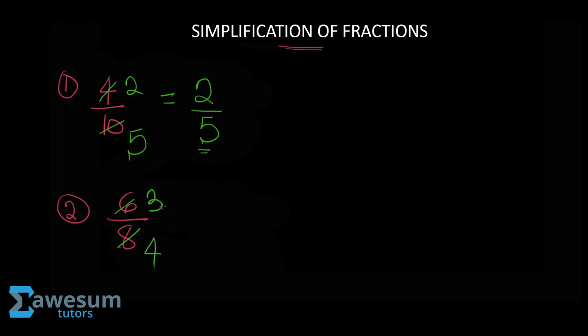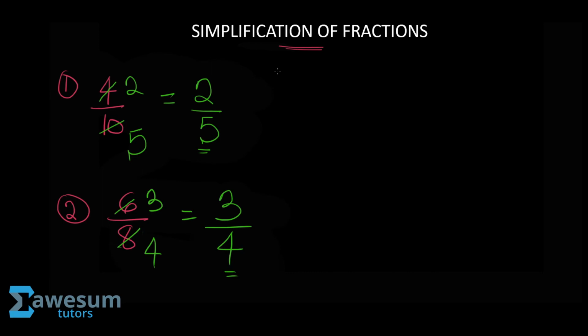So now we have 3/4. If you look at this, nothing can simplify 3/4 down anymore except if you divide by 1, right? So that means your final answer is 3/4.